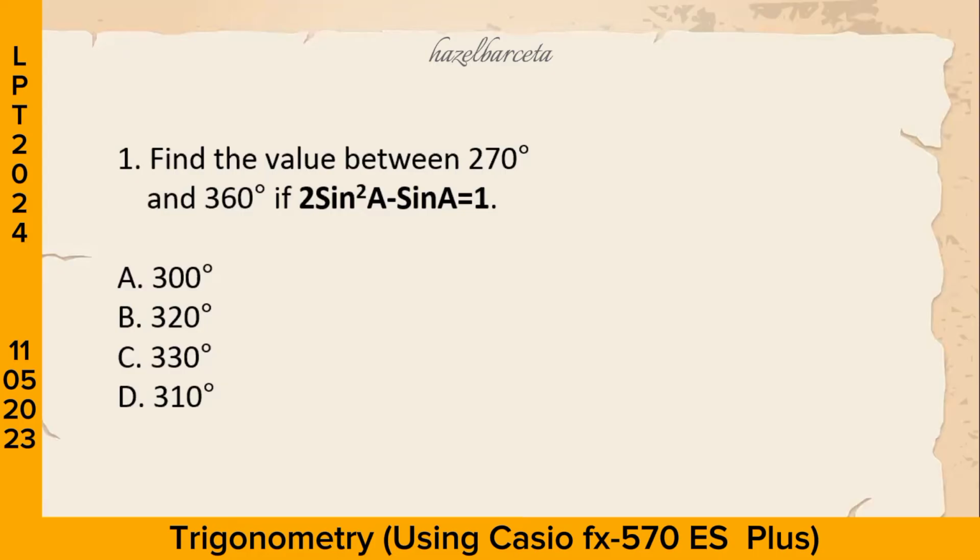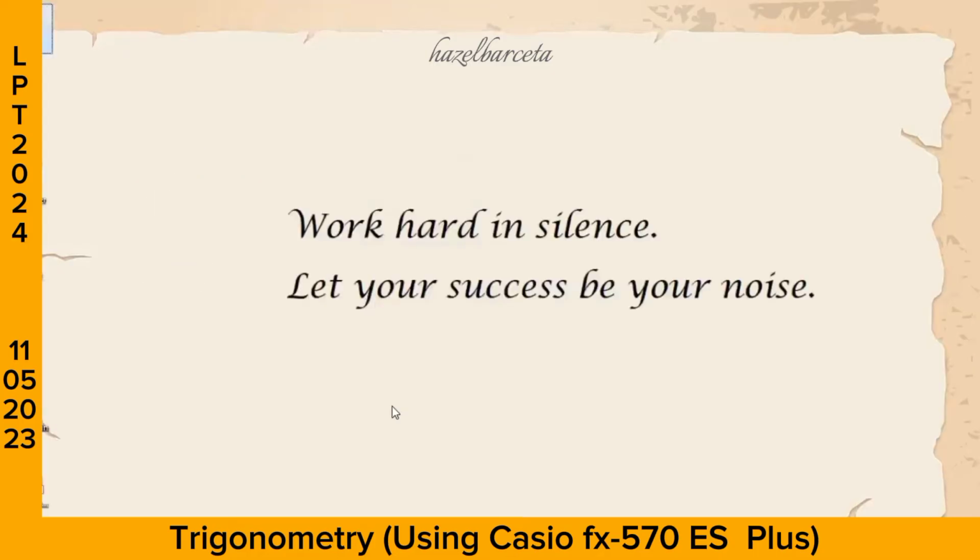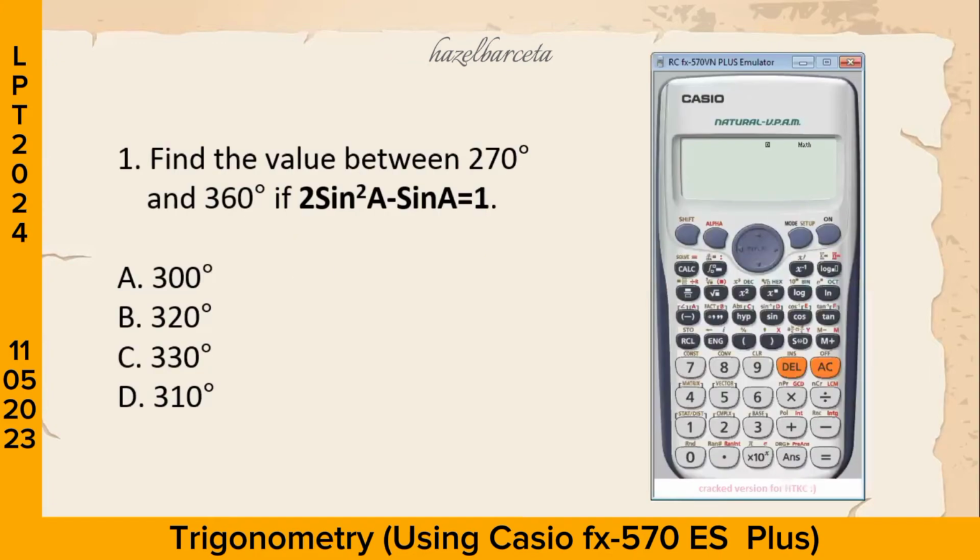Ang napag-usapan po natin noon ay kapag naka-trigo function po tayo, naka-radians po dapat. But, disclaimer, the given stated na in between 270 and 360. And the options or the choices are in degrees.